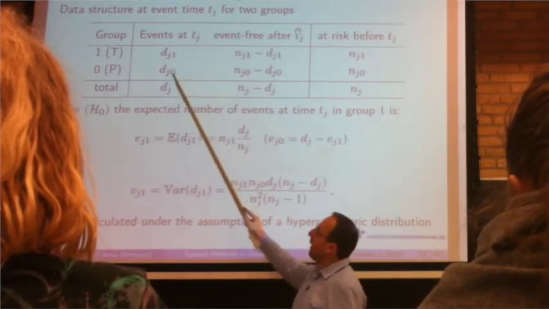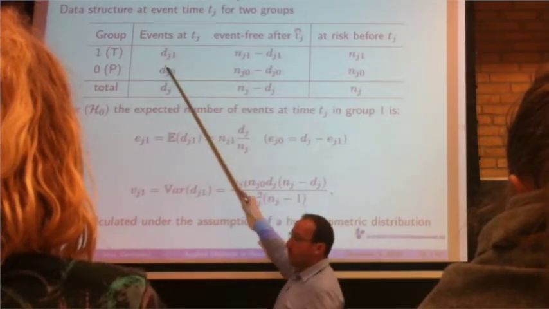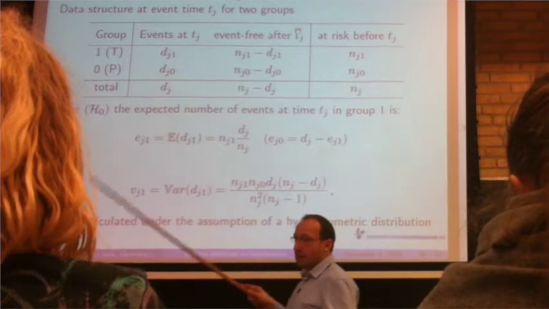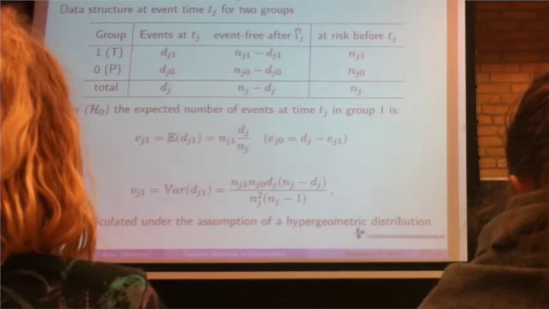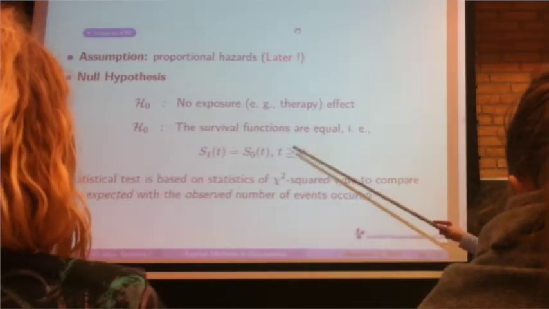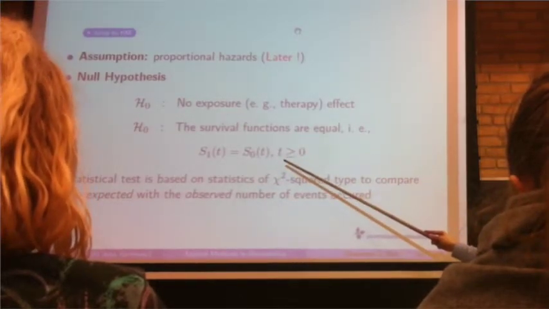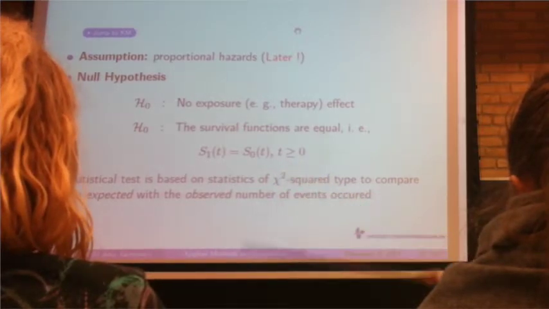And the log-rank test compares the observed number of events with the expected number of events if the null hypothesis is true, if there are no differences. So it means if there are no differences between the survival functions or the time-to-event experiences.